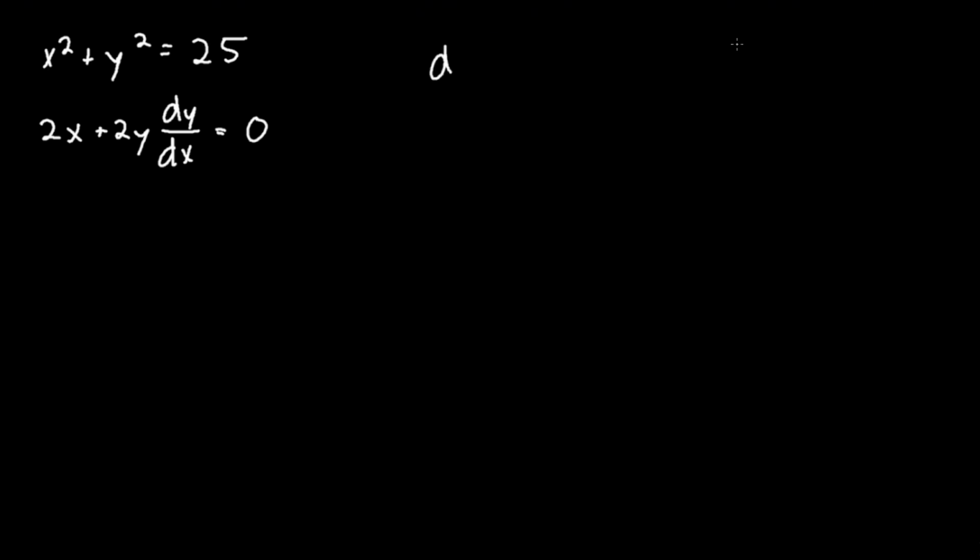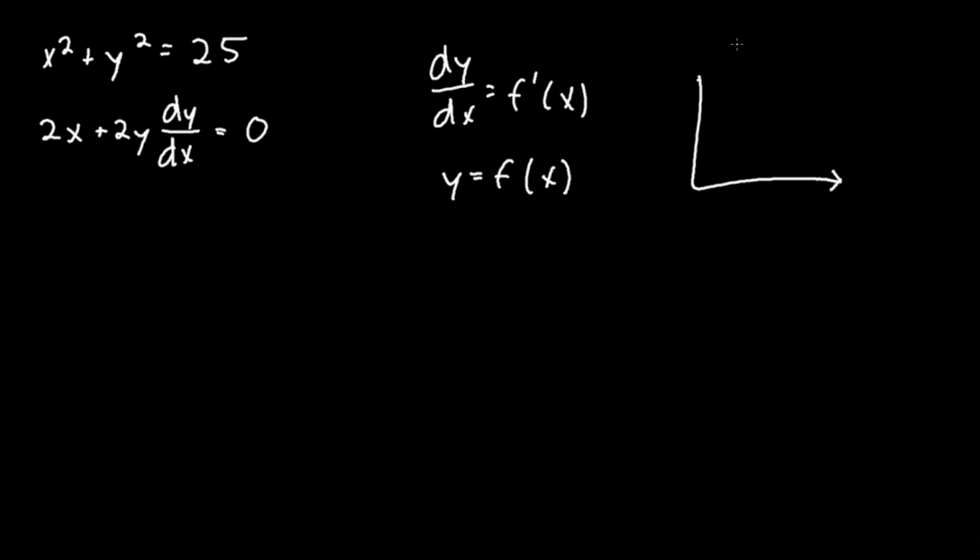Well, dy over dx represents the derivative of a function of x, right? Well, since y is still a function of x, in this case, although it is an implicitly defined function, y is still a function of x. Y is still a dependent variable to x in this case.